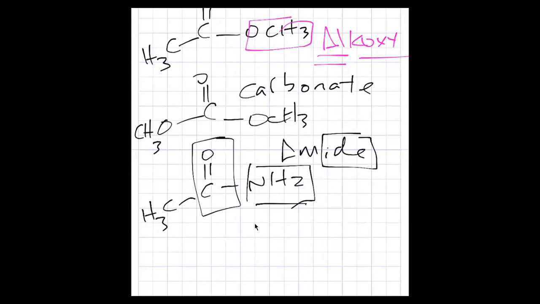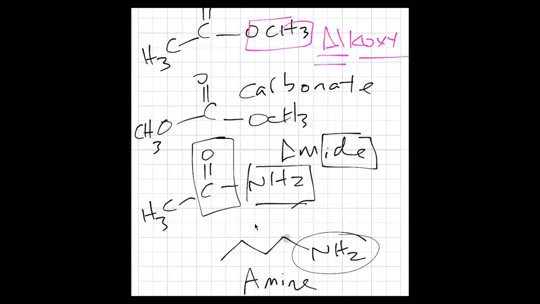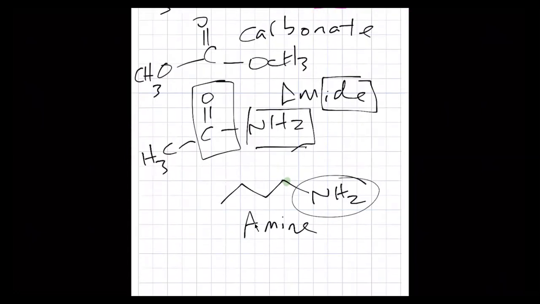nitrogen, right? The amine doesn't have a carbonyl, right? So this will be what we call an amine. There's no carbonyl on the adjacent carbon right here. Are you following? Yes, sir. So the way I help students remember that is the amine is out of jail and the amide is in jail, right? What do you mean, Dr. Russell?